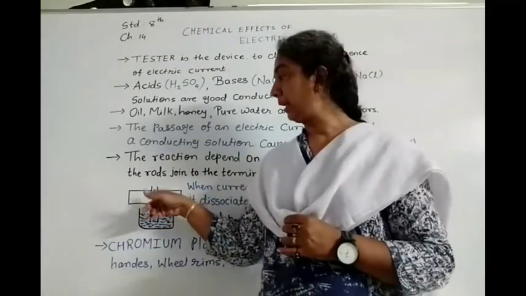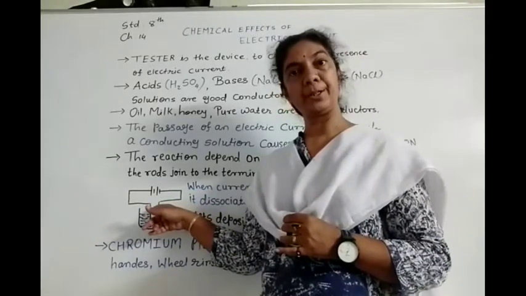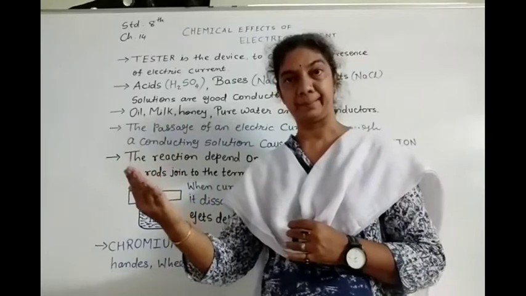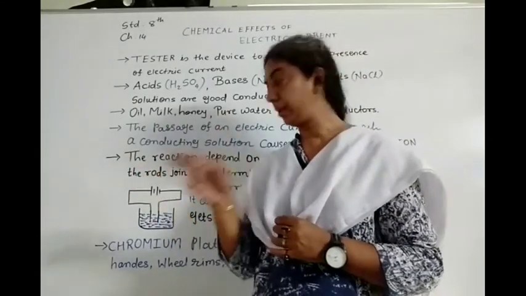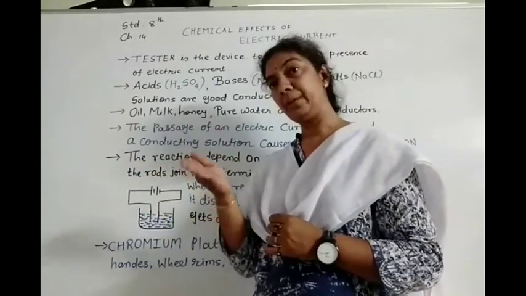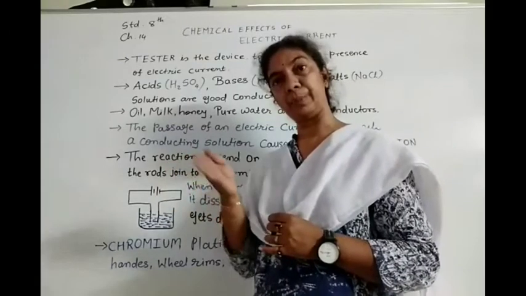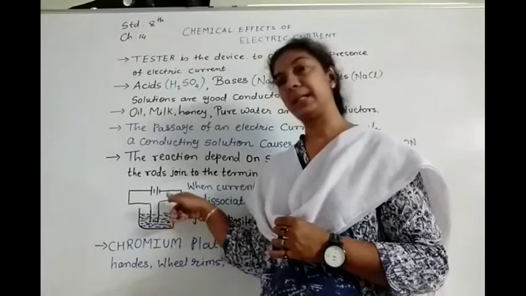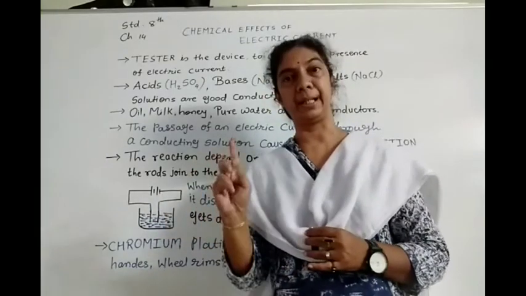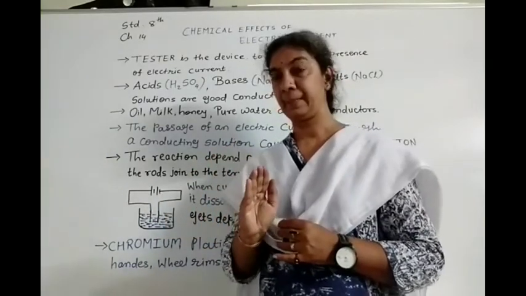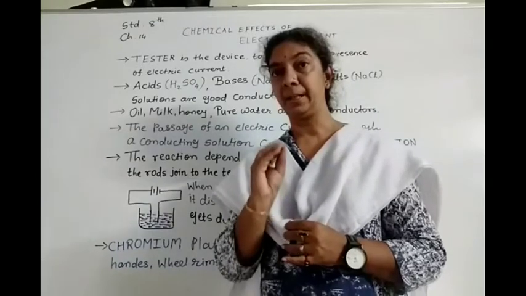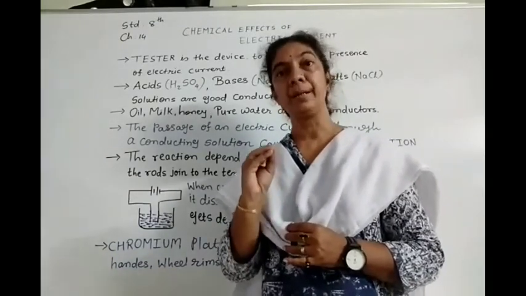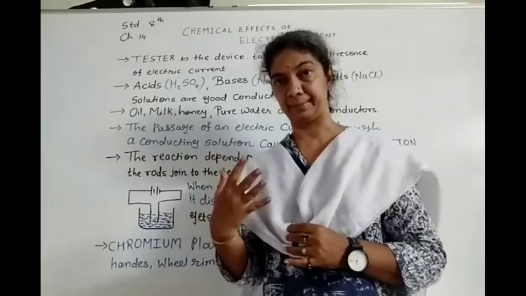The positive terminal is connected with the copper plate, so positive charge will repel from that, and that's why that copper plate will give copper ions to the copper sulfate continuously, and that copper is again deposited on the negative terminal. Please learn this concept properly and try to get the terms used in that.